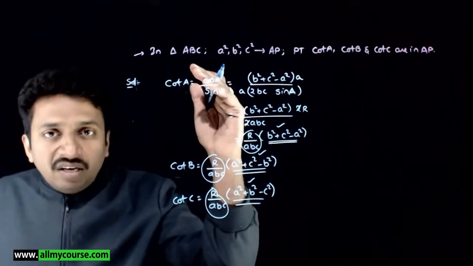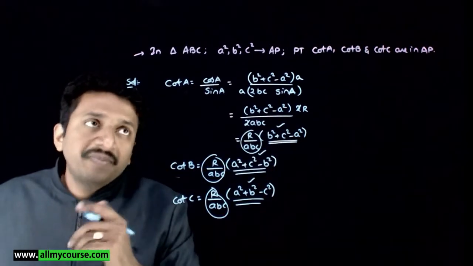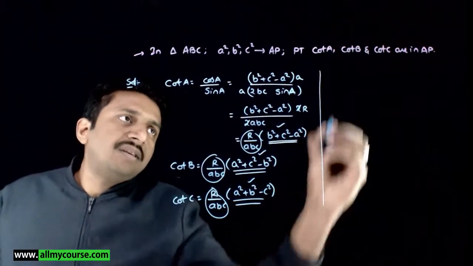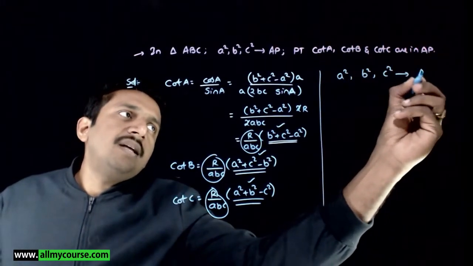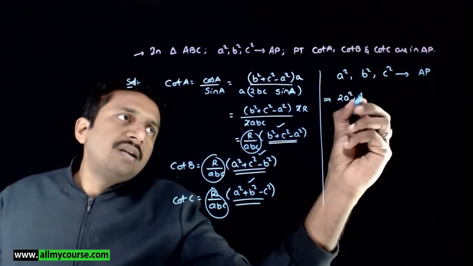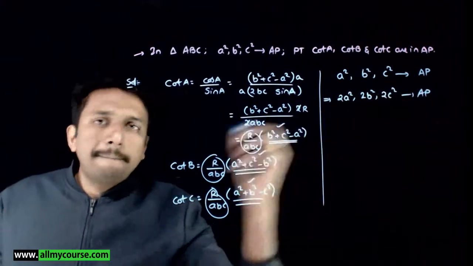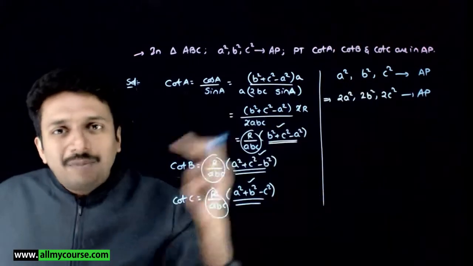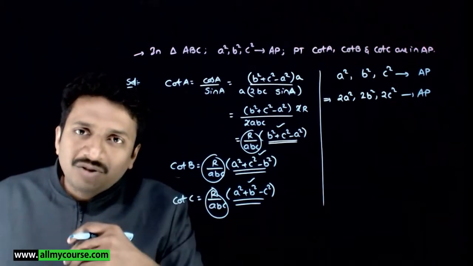I'll start with the given information and try to prove that these things happen. Given that a square, b square, c square are in AP, this implies 2a square, 2b square, 2c square are also in AP, because if I uniformly multiply all these terms with a given term, the AP does not change.